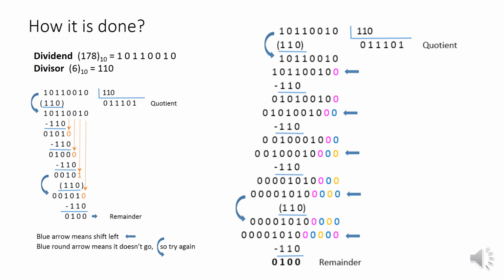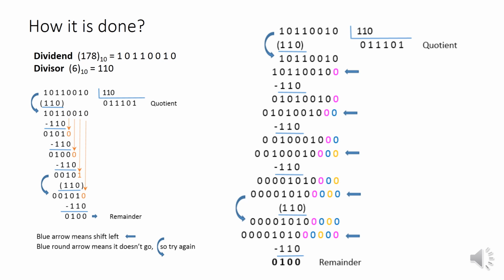Because the divisor is bigger than the first three digits, in this case we need to write 0 in the quotient. Now we need to try with the first four digits. So we compare again, and in this case the divisor goes because it is smaller.